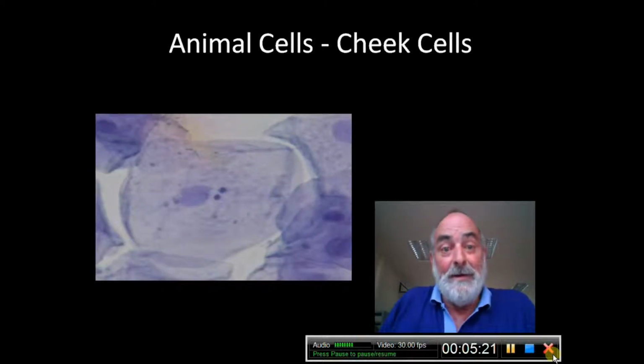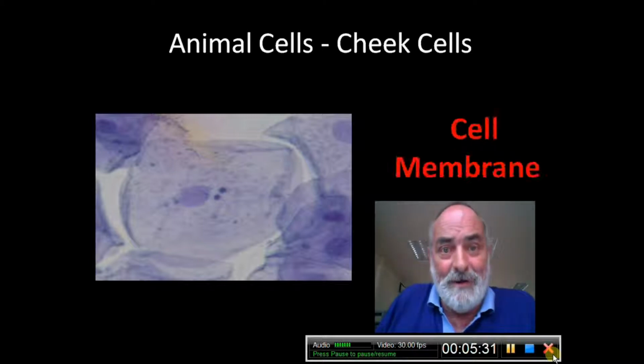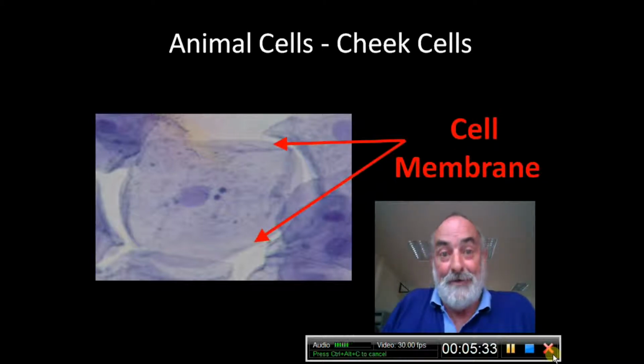Here is just one cell. Now remember the diagram and look at the picture of the real cell, and you can see what we have talked about already. We have cell membrane, and remember this cell is 3D, so the cell membrane goes all around the cell, but you can see through it.